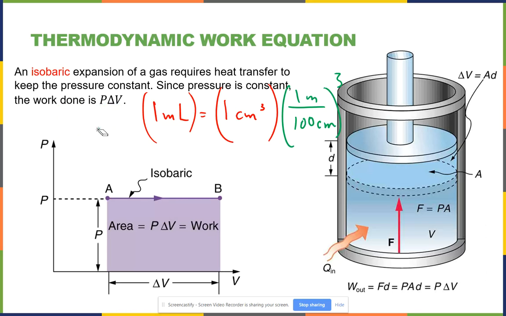Let's just multiply the right side. So 1 milliliter is equal to 1 times 10 to the minus 6 meters cubed. Thus, 1 liter is equal to 10 to the minus 3 meters cubed. So you need to be a little fluid in converting units because you're going to have problems with different units.